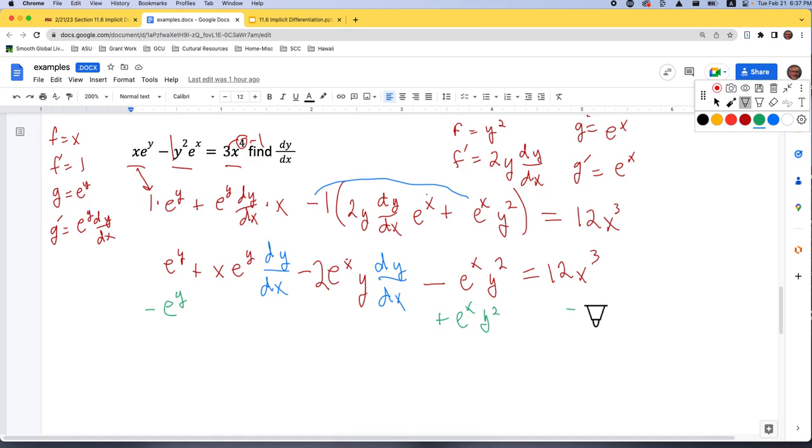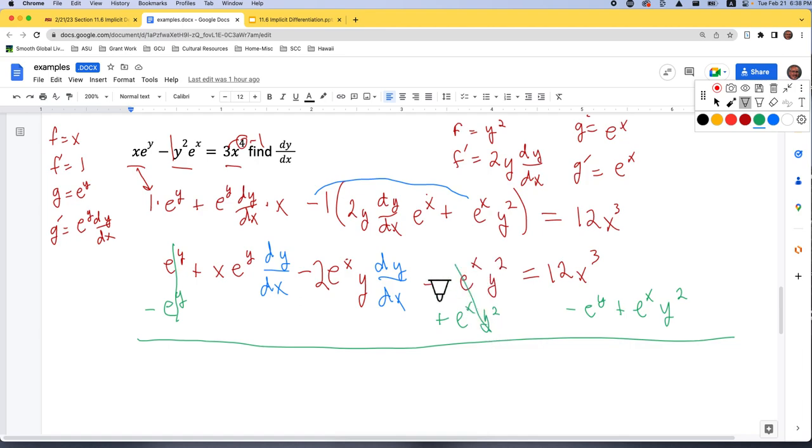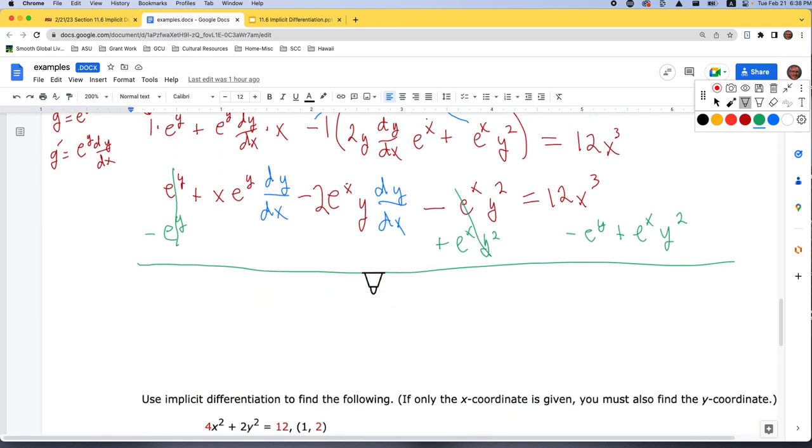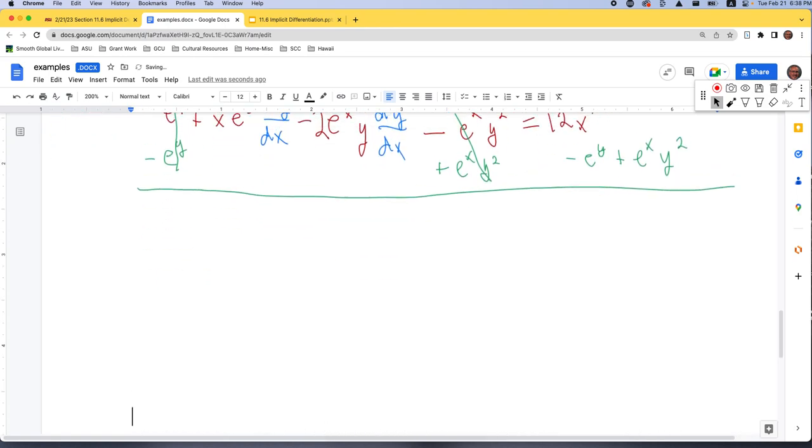So it's going to be minus e to the y plus e to the x, y squared. So this cancels out, this cancels out. We've got this place here. So let me move it up. Get that out of the way.